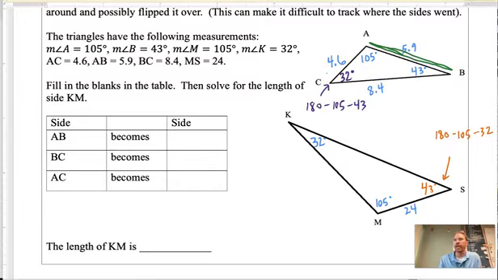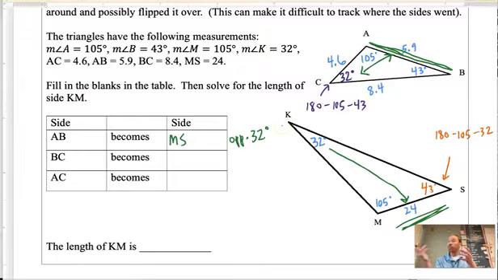Since the angles don't change, I can say, well, AB was opposite from 32 degrees. So in the other triangle, what's opposite the 32 degree angle? The 24. So side MS. AB becomes side MS because they are both opposite the 32 degree angle. I'm going to write OPP for opposite. So those are what we would call corresponding sides.